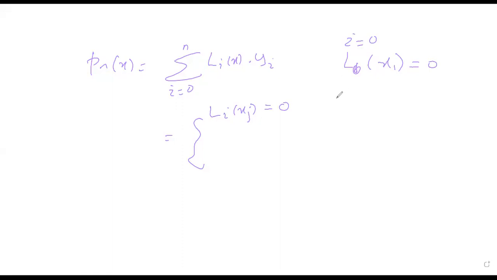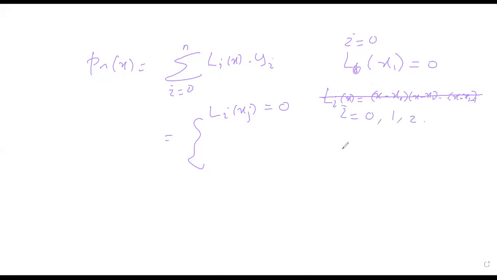Go back to the equation of Li(x). It says x minus, so you don't have the i-th value here. You can have x0, x1 up to xn, and the xi value you have to omit. For example, let's say I have only 0, 1, 2.